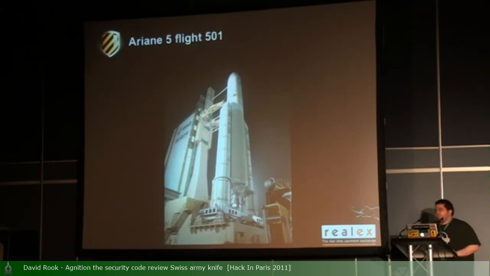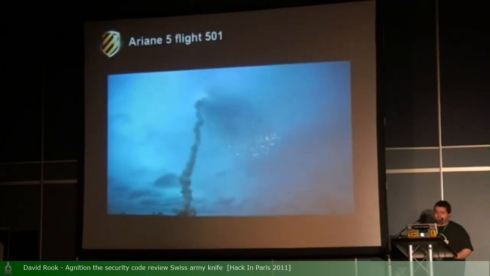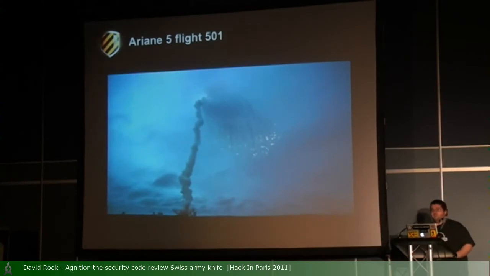What do you think happens when you have an overflow in a space rocket? Well, sadly, Ariane found out about 37 seconds into the flight. It started to veer off course because it had some crazy number to calculate for something in the system. Its auto-destruct sequence kicked in and it exploded.